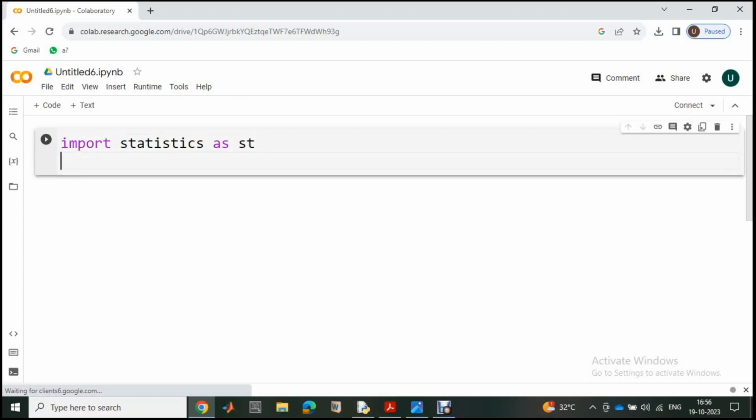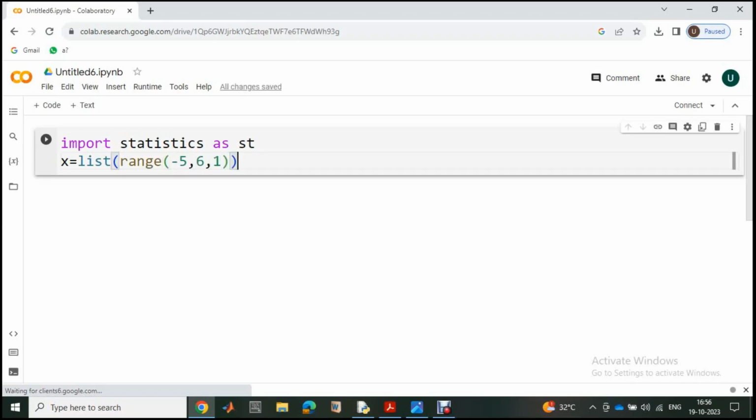Now I need to take some x values and y values. For example, I want to generate x values. So x equals list of range, from -5 to +6, with a step of 1.